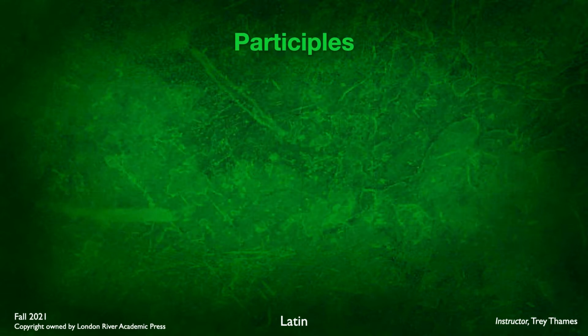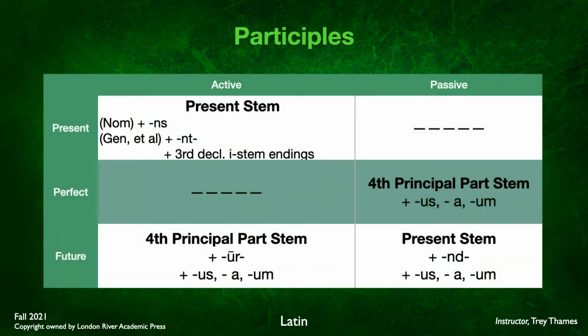Now, most of the time when I ask you to look at a chart for participles, this is really what it's going to look like. You're going to see the active column on the left, the passive column on the right. You've got three tenses lined out in rows: present tense, perfect tense, and future tense. Notice, again, the present active and the future passive both use the present stem.